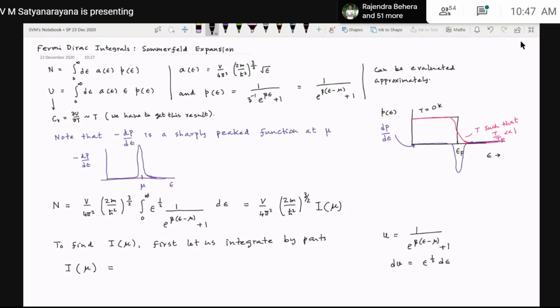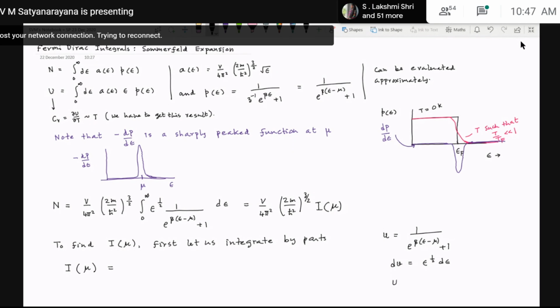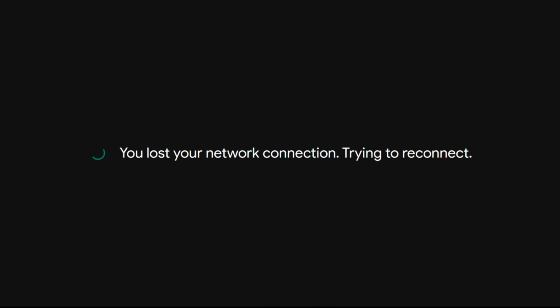And then I will have my V equal to 2 by 3 epsilon to the power 3 by 2.